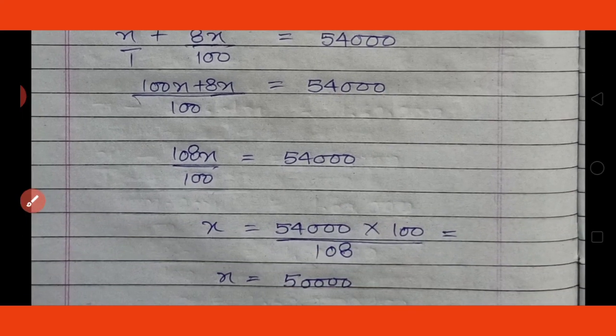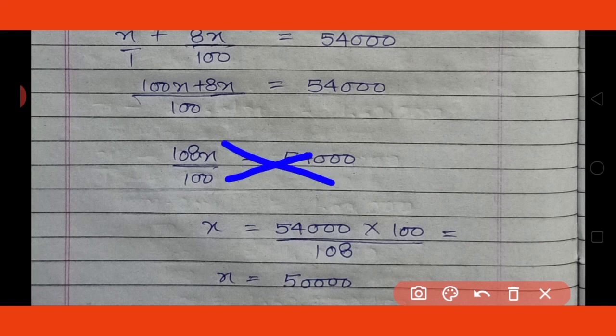Now x is multiplying with 108 and 100 is dividing x. So we will do a cross multiplication as I am showing. It means 54,000 will multiply with 100 and it will divide by 108. After the multiplication and division, we have got 50,000 was the population 1 year before of the town.